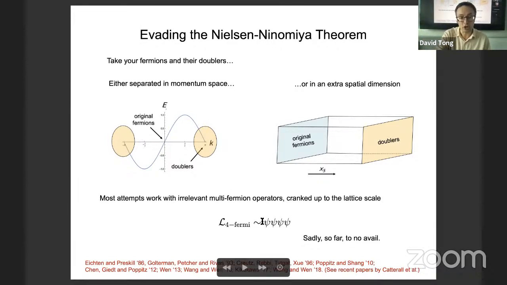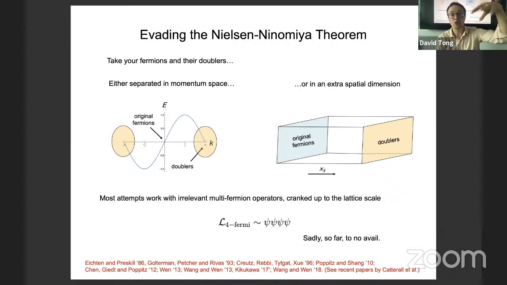In particular, you can take the coefficient of this irrelevant operator and you can crank it up so it's very, very large at the UV cutoff at the lattice scale, in which case it's quite possible that this irrelevant operator could play a role on the lattice and give masses to the fermions, where the masses themselves will now be at the UV cutoff.